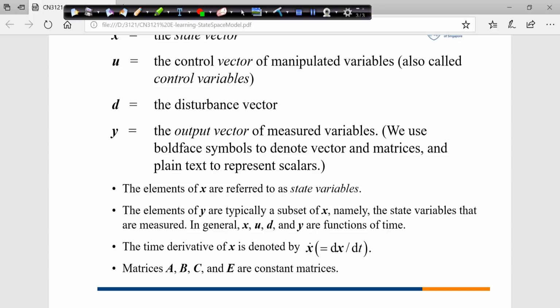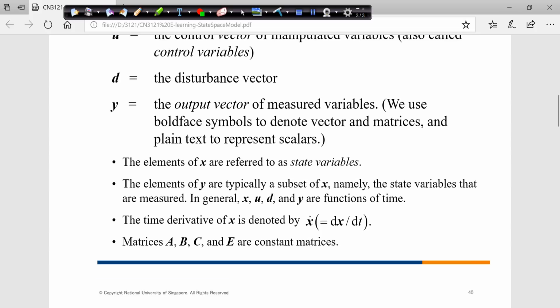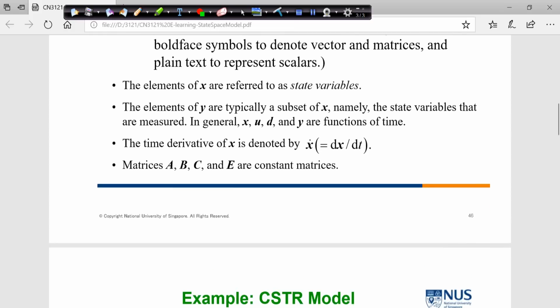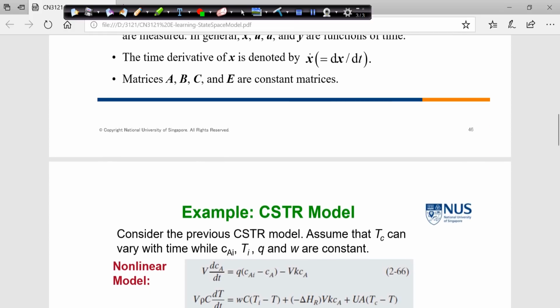So the state variables that are measured will be the output vector y. And x, u, d, and y are normally functions of time, considering these are dynamic models. The time derivative of x is denoted by x dot, dx over dt, and the matrices A, B, C, and E are all constant matrices.